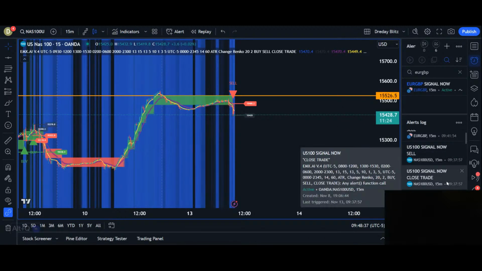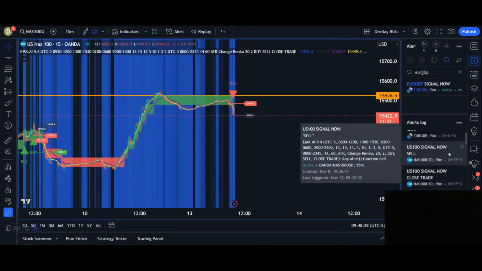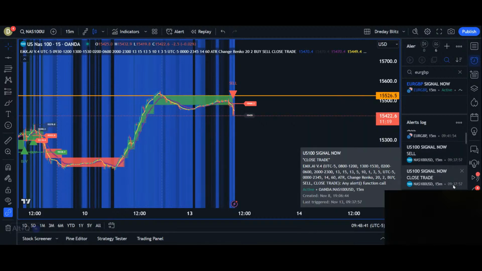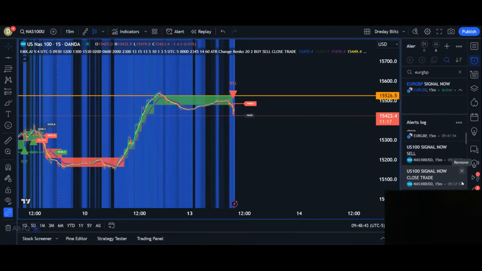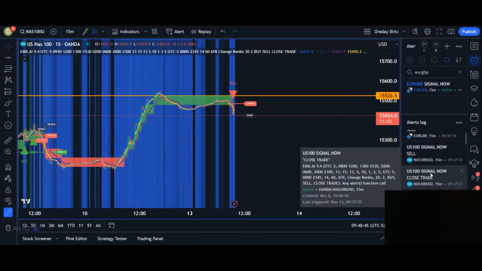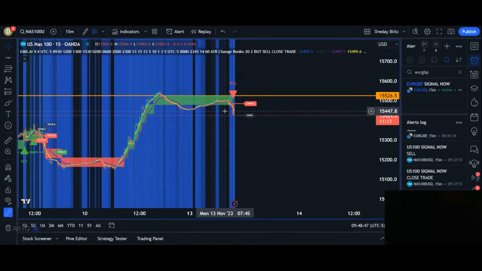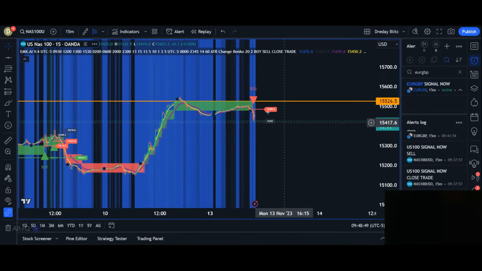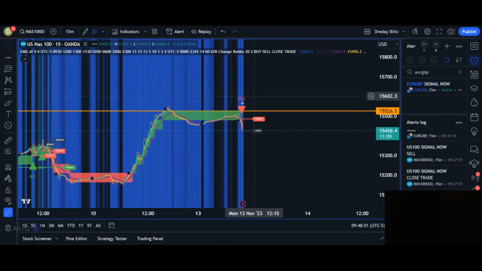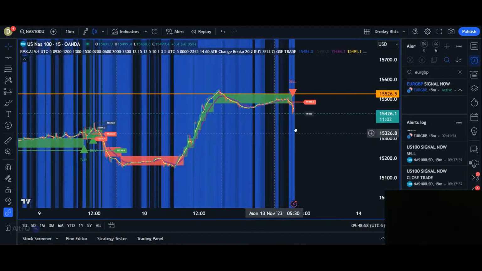So basically at the same time. You saw that? You see the time, you receive the notification at the same time. So close a trade and then take a sell. Okay. And your stop loss is always the previous Renko top. Okay.